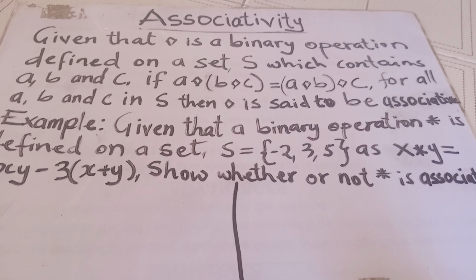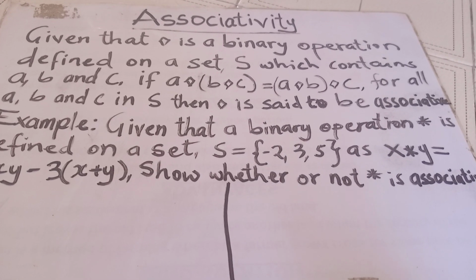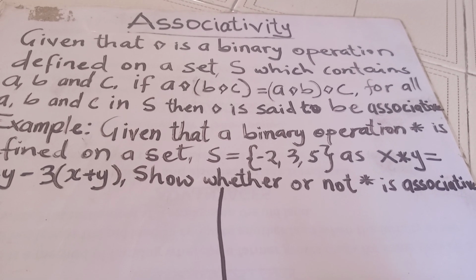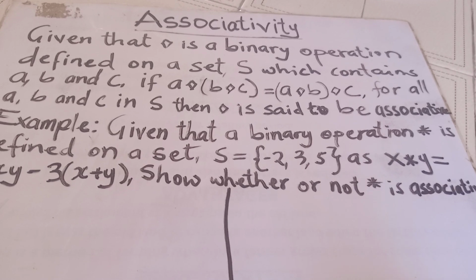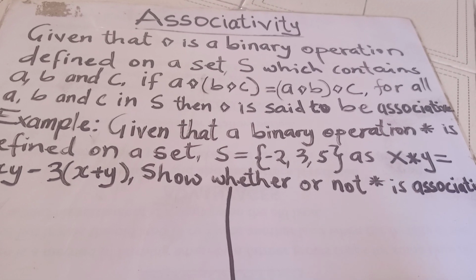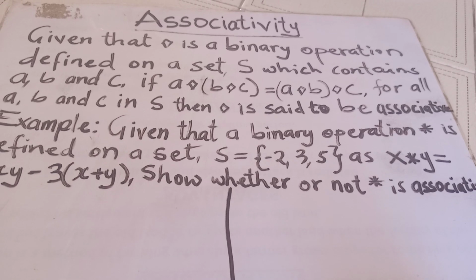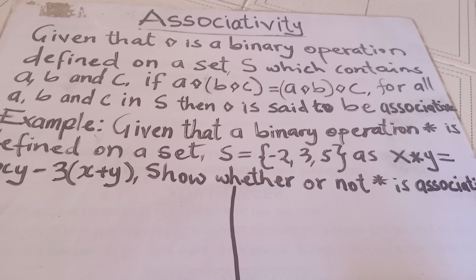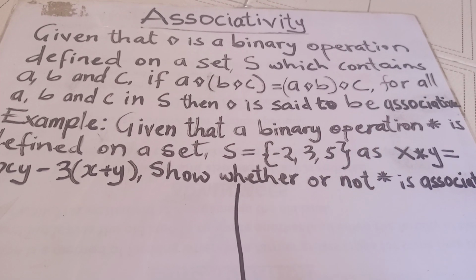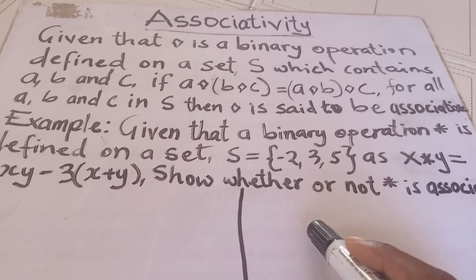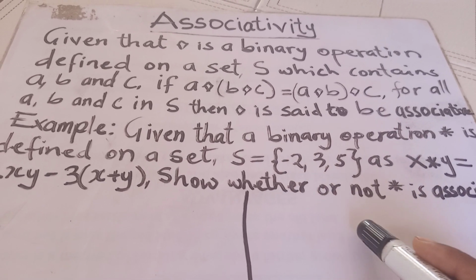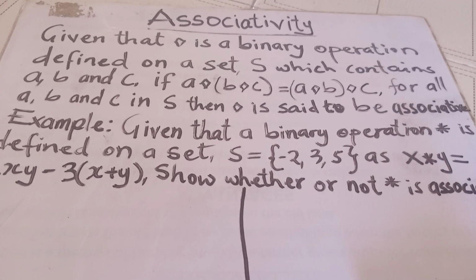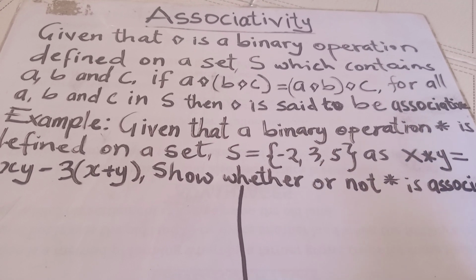In an earlier lesson, we talked about associativity over addition. For example, if you have 1, 2, 3 and you have to prove whether addition is associative, you add the two digits, say 2 plus 3, and put them into brackets, while the 1 will be outside the bracket.